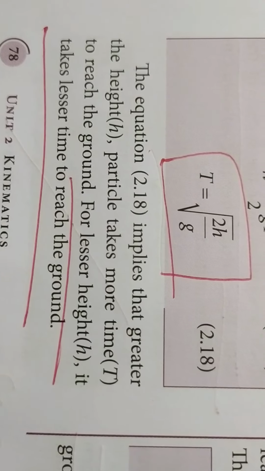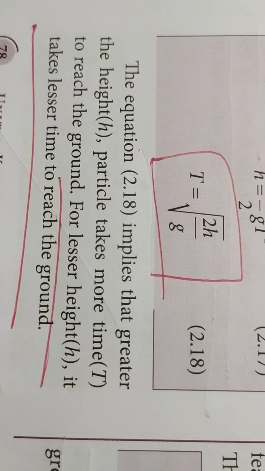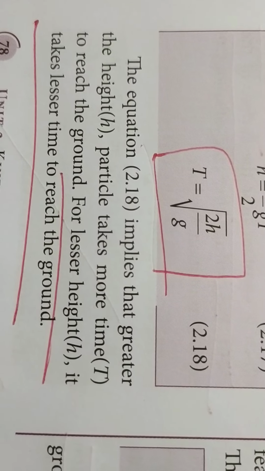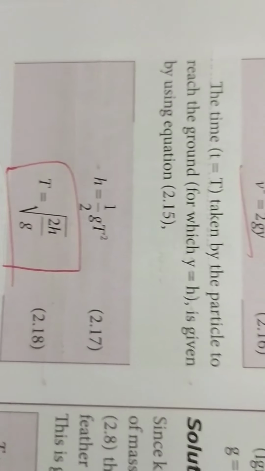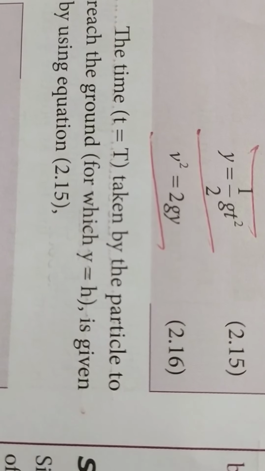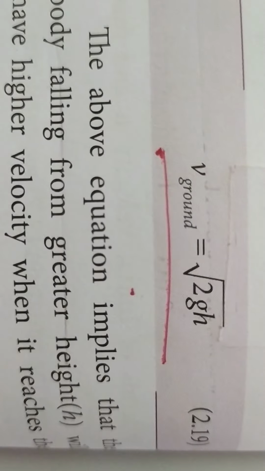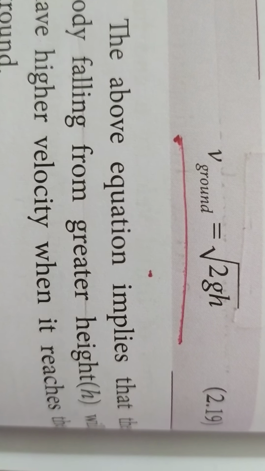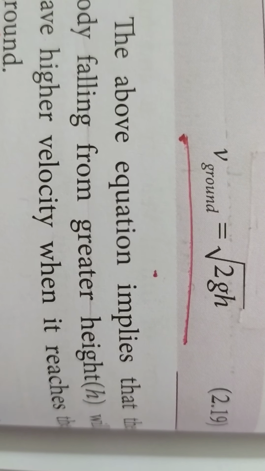So for lesser height, it will take lesser time to reach the ground, because T is directly proportional to square root of h. And here you know v square is equal to 2gy. You can take y as h, because it is dropped from the height h. So when it reaches the ground, the velocity v ground is equal to square root of 2gh. Here instead of y, h is substituted.